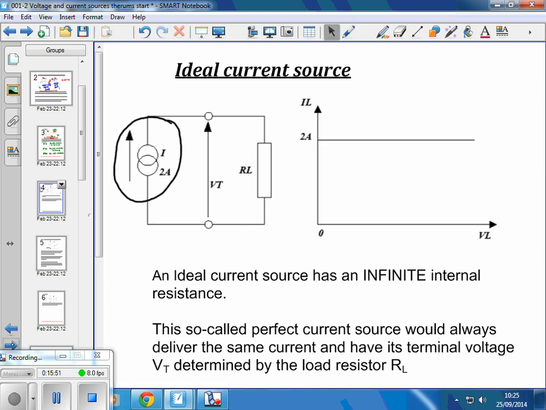It's got an arrow showing which direction the current's going in, and the size of the current is specified. Okay. In terms of an ideal current source, if we could have one, it would deliver the same current regardless of what load we connected to it and regardless of what the terminal voltage was.